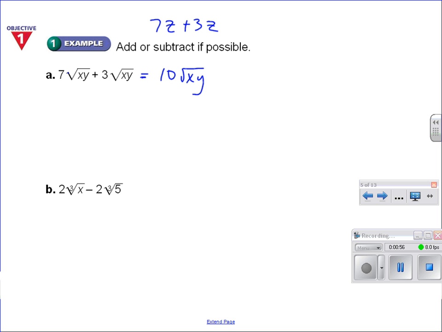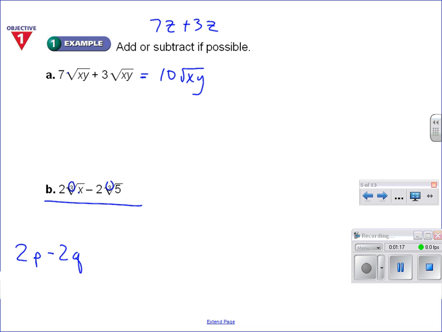Down here, in contrast to that, in example B, I have a problem. My basic problem is my index is the same, that's good, but x and 5 are not the same under the radical. So that's kind of like taking 2p minus 2q.